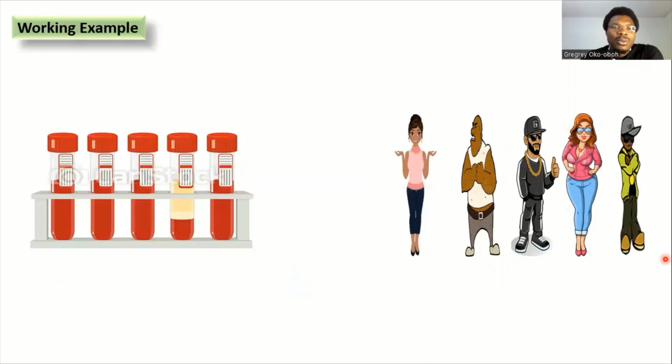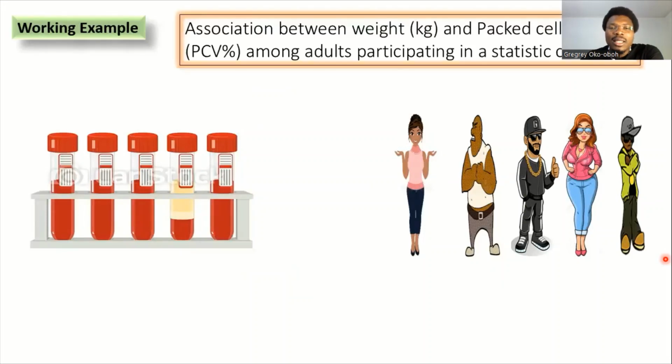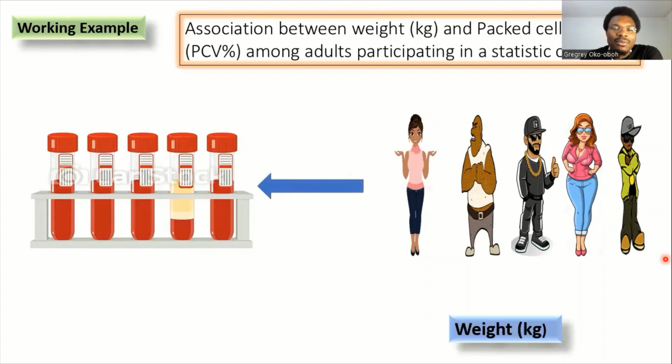To do this, we'll take a working example. In this example, we are going to look at the association between weight and packed cell volume among adults participating in a statistics course. The investigator randomly selected 5 participants to answer the research question bordering on the association between weight in kilogram and PCV in percent.